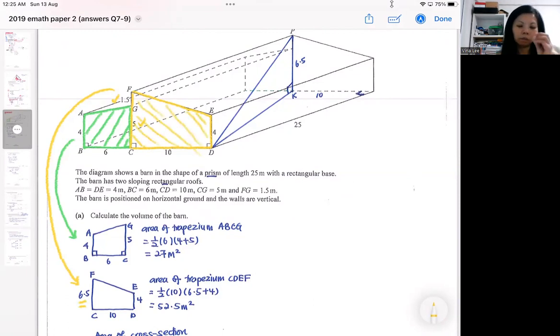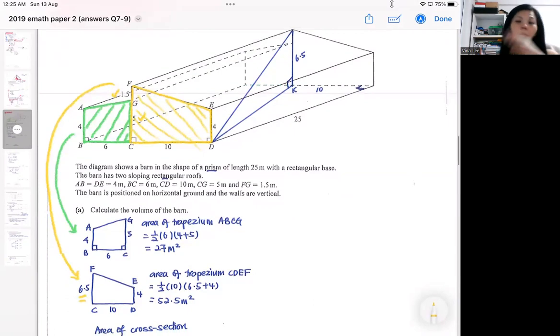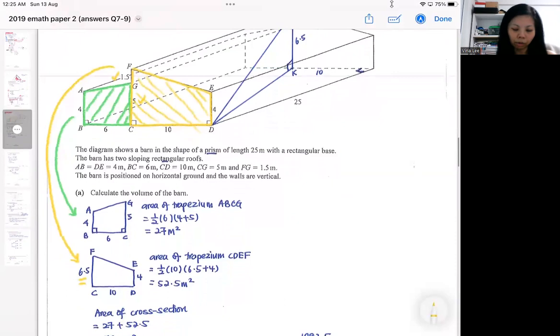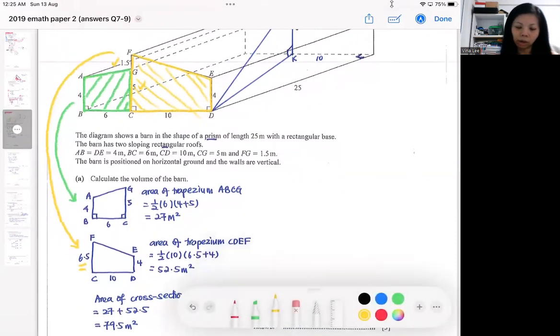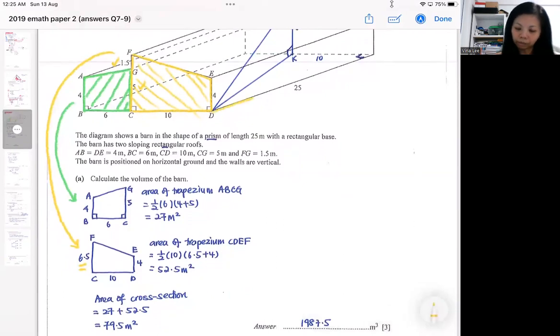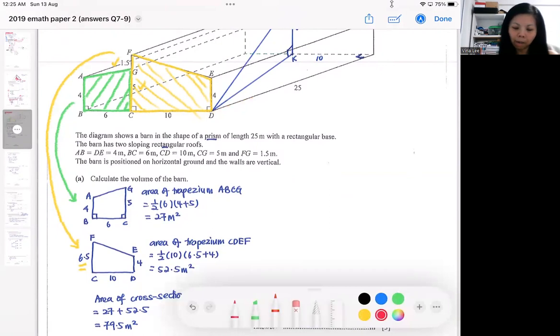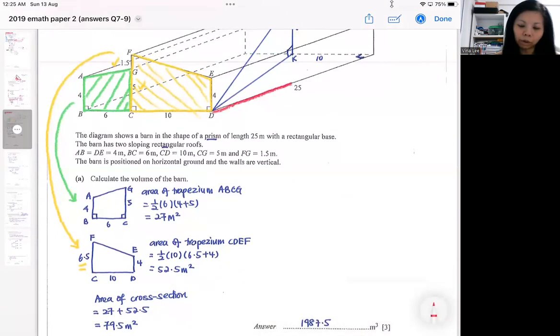You can do the trapeziums separately first, then add them up, so you get the cross section. Once you get the cross section, you just multiply with the length. If you can get the trapezium correct, most people will get the volume correct. It's not a very big issue.